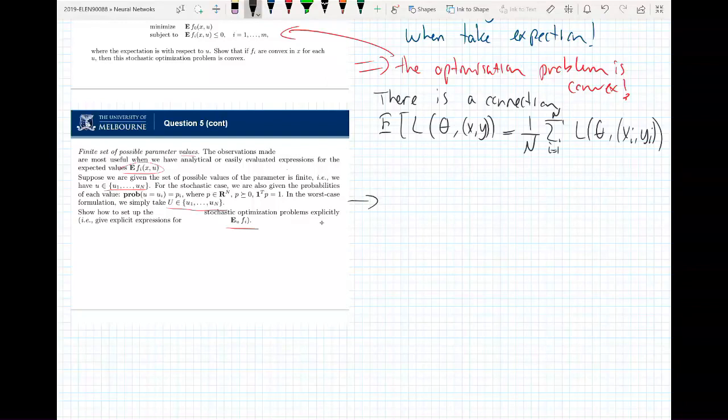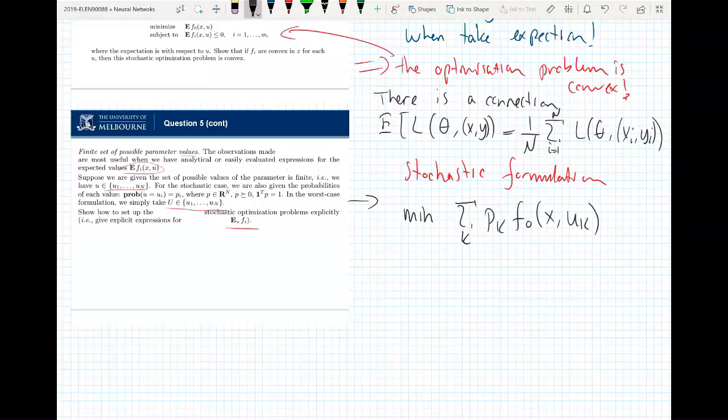Then the stochastic formulation, the probabilistic version, would be the minimum of the sum over k of p_k f0 of x u_k, subject to the sum over k of p_k f_i of x u_k less than or equal to 0, right? So i equals 1 to m.